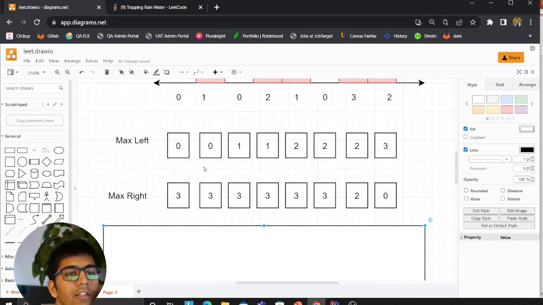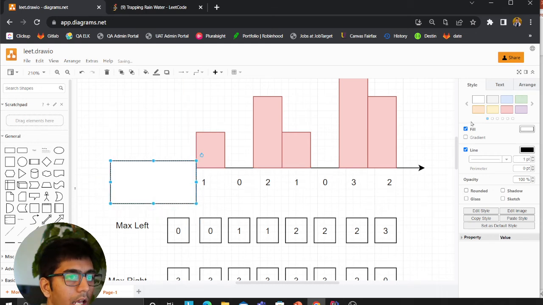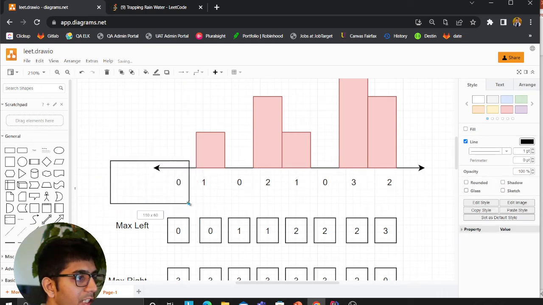So the way we want to solve it, and again, as I said, it took me a while to understand this. What we need to do is, when we are going through an array, and again I'll try my best to explain, we essentially store the max left in an array. So here we are saying, okay, what is the maximum to the left of this element? 0.